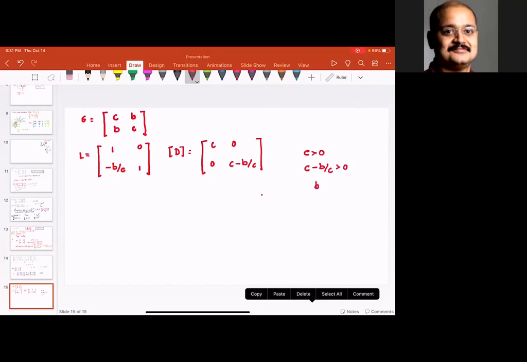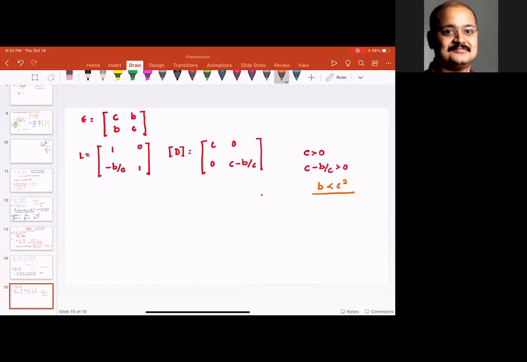So B squared has to be less than C squared. This is a condition that you need to obtain for problem 2.